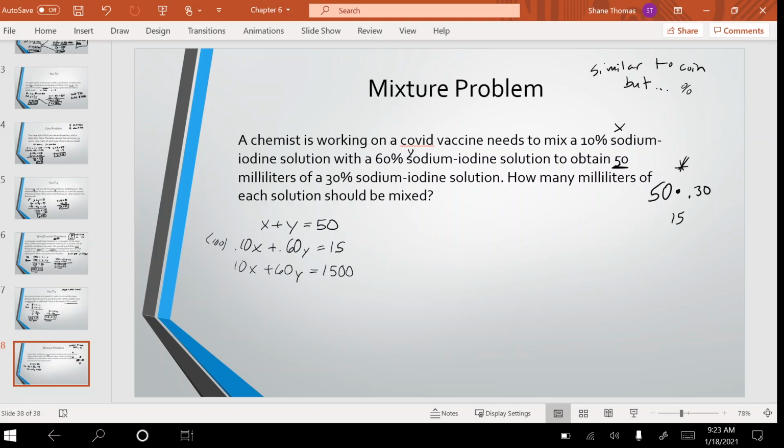Multiply the first one by negative 10. All right, so that's going to give me negative 10x minus 10y equals negative 500. X is gone. It's going to give me 50y equals 1,000. Divide both sides by 50. Y is going to be 20.